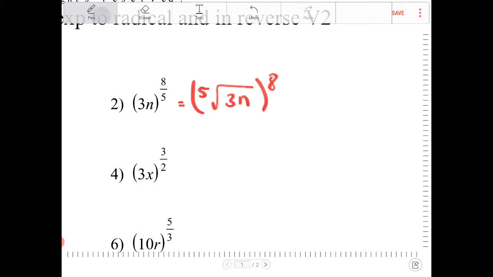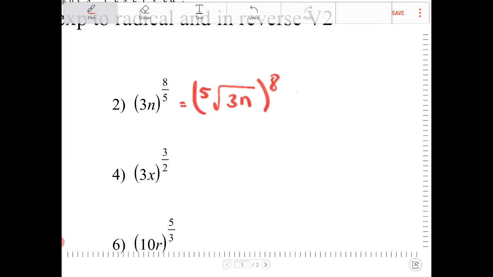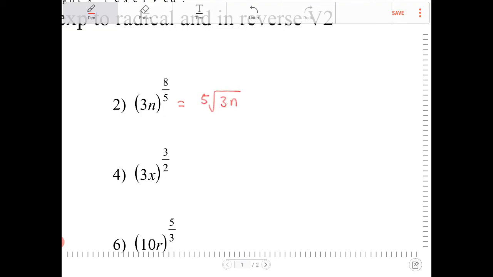This is one way of writing it. Alternatively, we can also express this as the 5th root of 3n to the 8th power. All of these are the same.